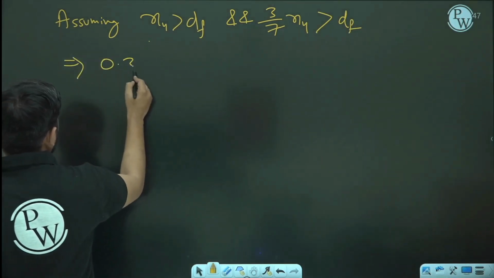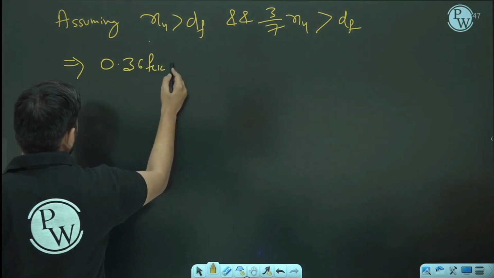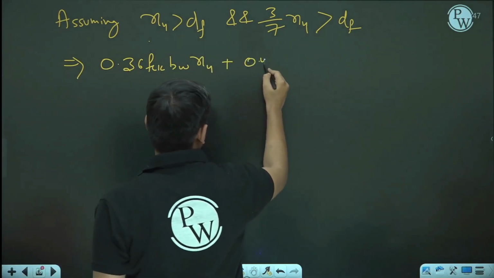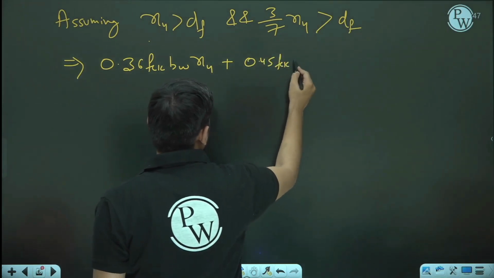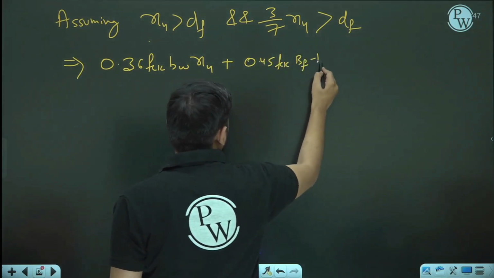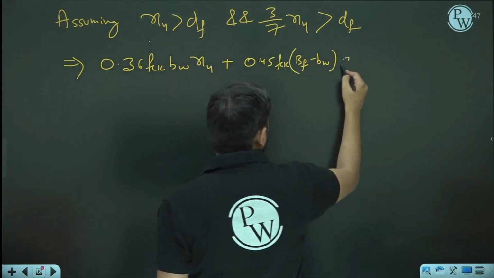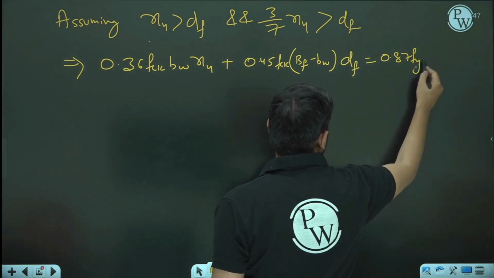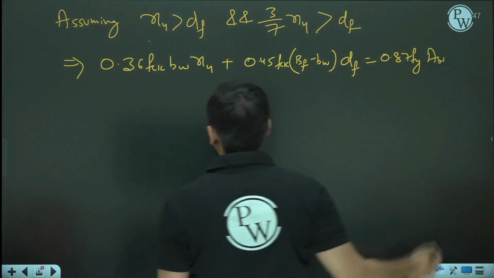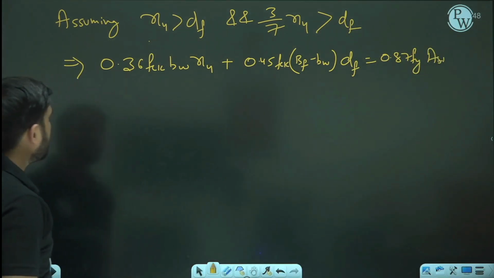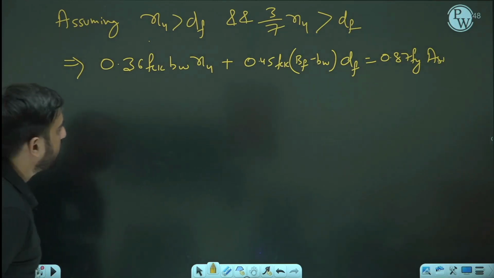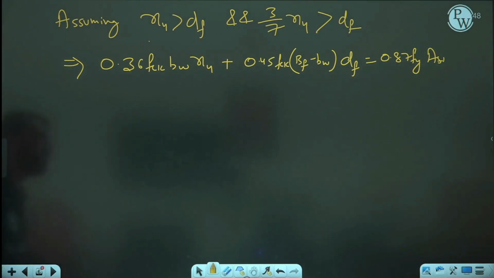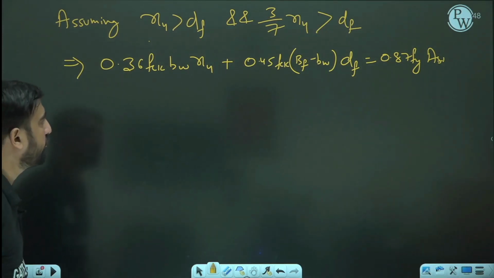It is 0.36 FCK, portion number 1, BW, XU plus the remaining portion which is constantly stressed, equal to 0.87 Fy into AST. BW is 400 mm, FCK is 20, BF is 1000, DF is 100, Fy is 415, and AST is 8 times of pi by 4 into 25 square.